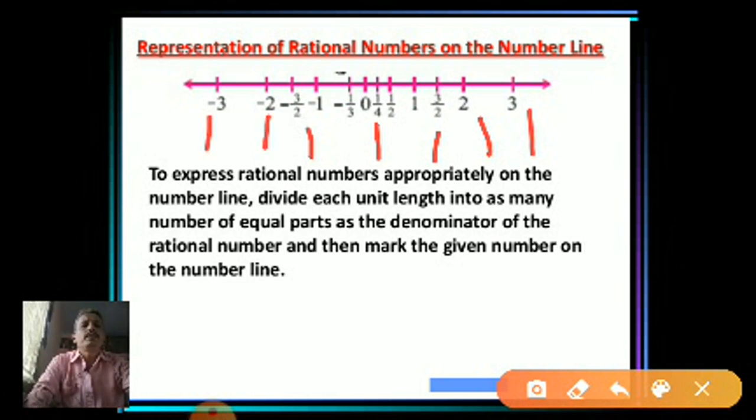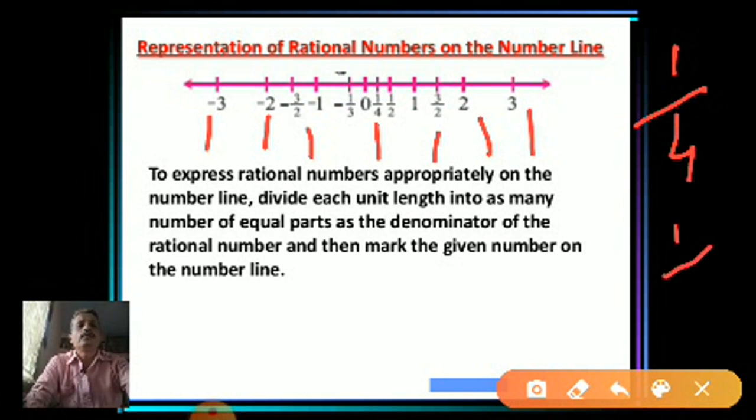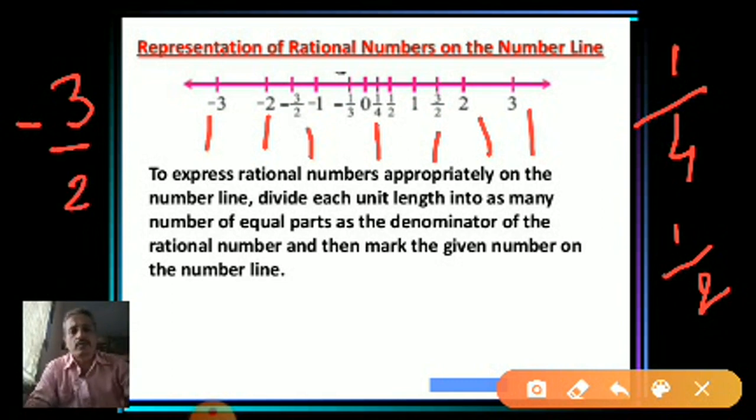But in between 0 and 1, two numbers are written, 1 upon 4 and 1 upon 2. So these both are rational numbers. In the same way, on the left side, between minus 1 and minus 2, there is one number written, minus 3 upon 2. This is also a rational number.